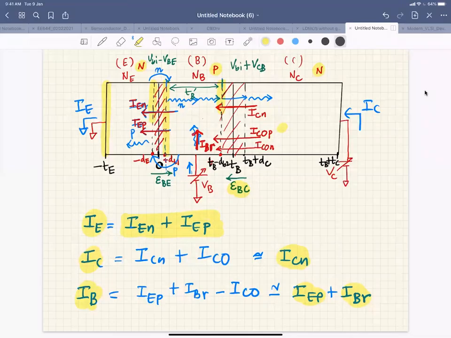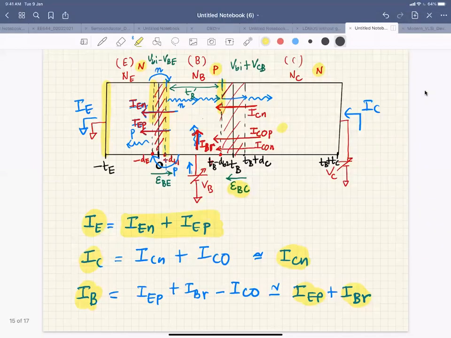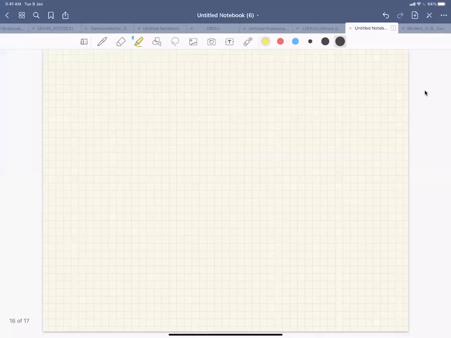If you understand this, there are a couple of things I just want to discuss, the terminology. We'll come back to the current later, meaning how to derive the current equation. There is this terminology alpha, beta. This alpha is called the common base current gain.